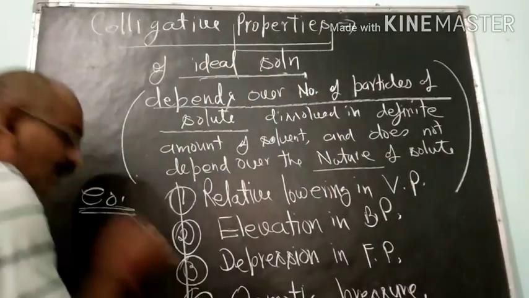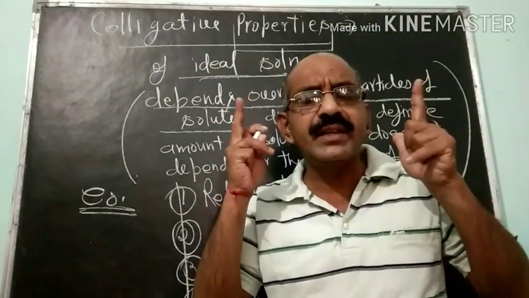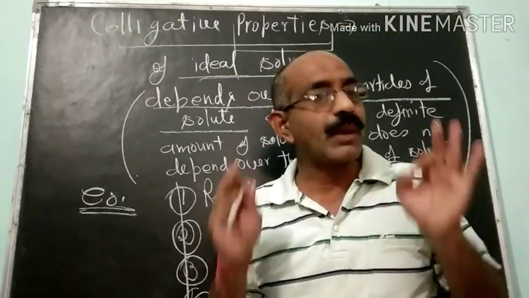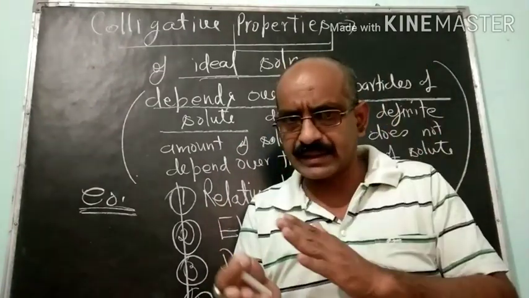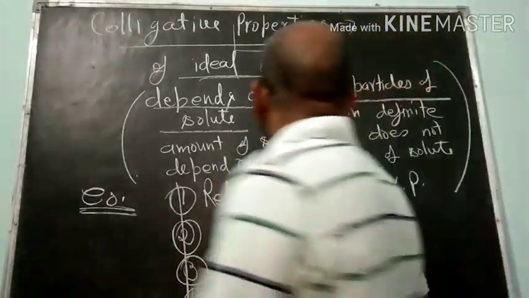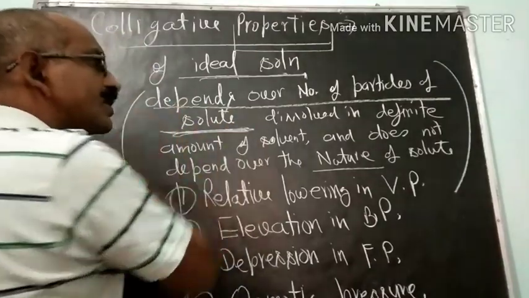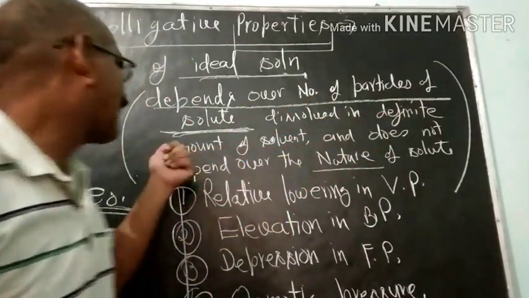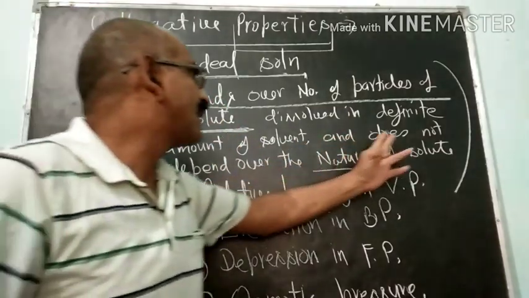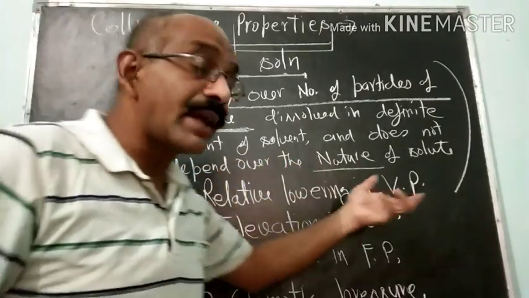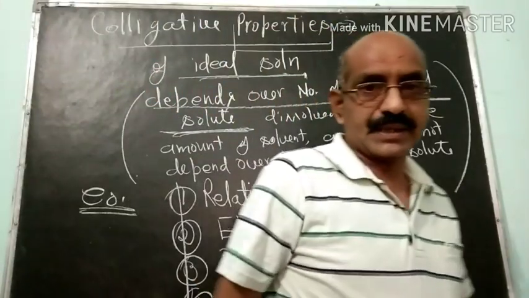So, what are colligative properties? Properties which depend only on the number of particles of the solute. It may be molecules, it may be ions in solution. The number of particles of the solute dissolved in a definite amount of the solvent, and not on the nature of the solute, are colligative properties.